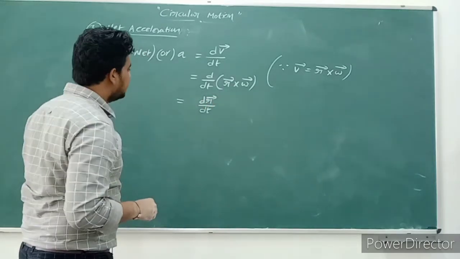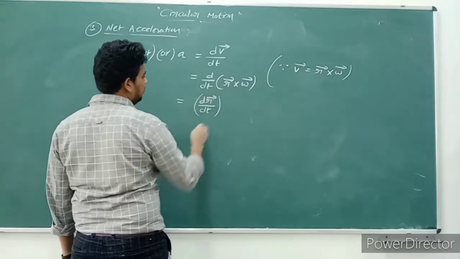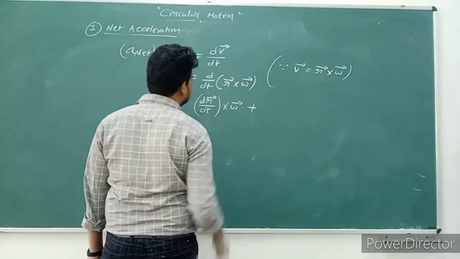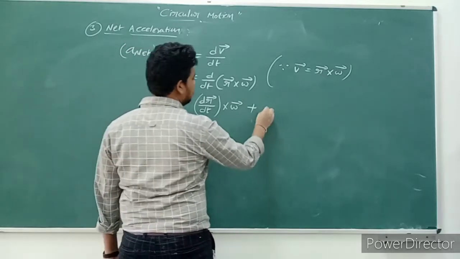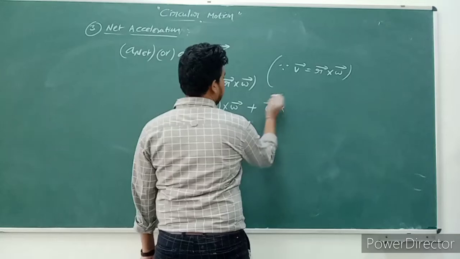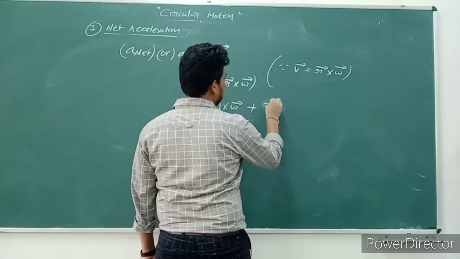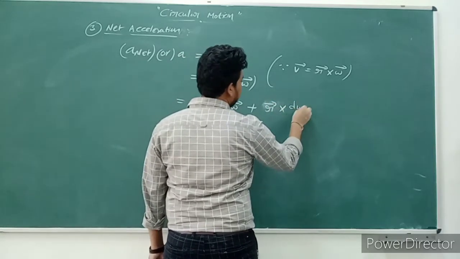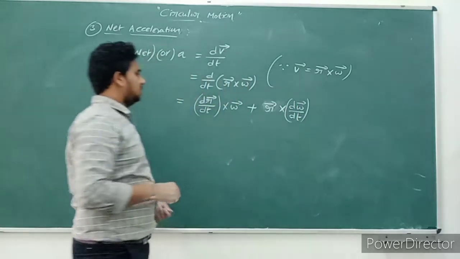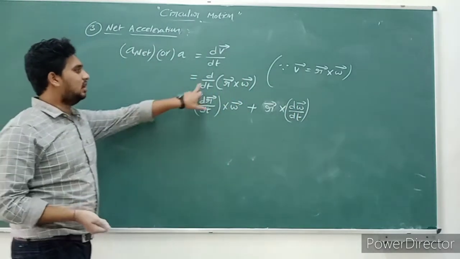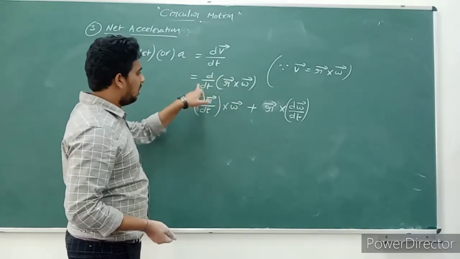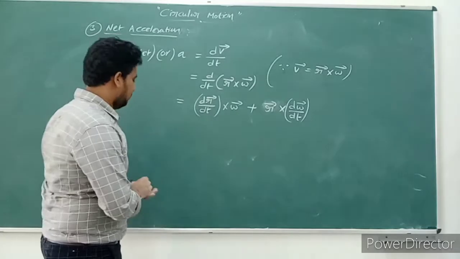Here I did a small mistake. So dR bar by dt cross omega bar, plus R bar cross d omega bar by dt.